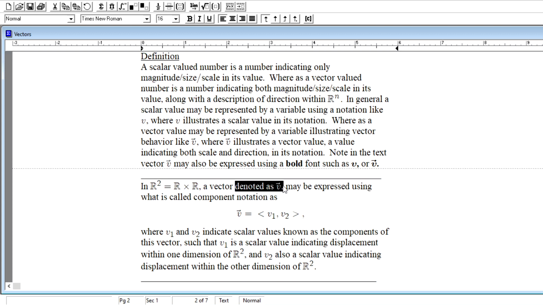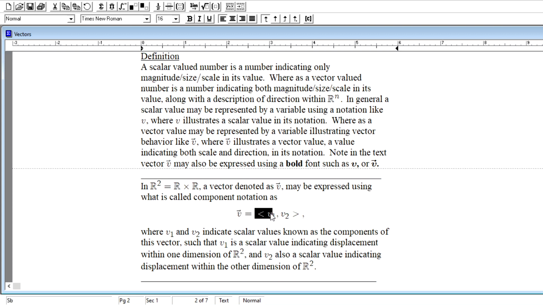And that is going to form what we call two-dimensional space. And a vector denoted within this space may be expressed using what we call component notation, with this notation seen here. This is known as component notation, highlighting this vector we call vector v.